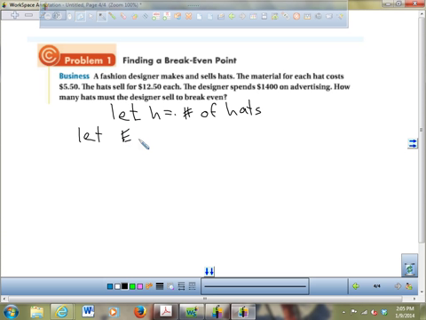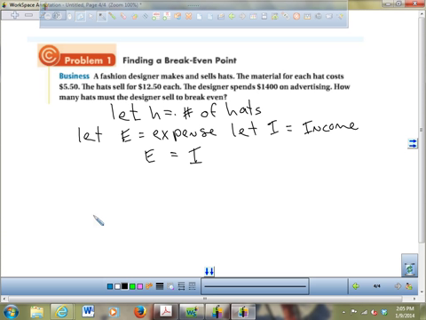Let E equal expense. And this one's kind of weird in that I kind of have 3 variables, but not really. And I'm going to say let I equal your income, okay? Because in a break-even problem, you want to make the expense equal the income.